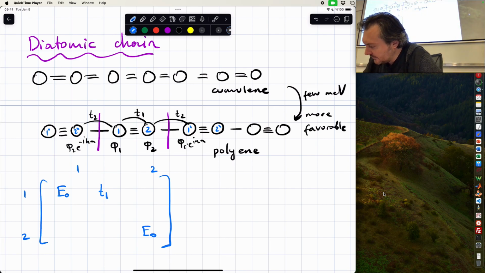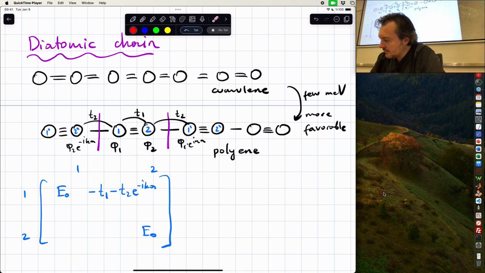Yeah, it's negative, you are right. So it should be minus T1. Sorry. And the other one is minus T2 e to the minus iKa. So this one is because of this interaction, and this one is because of this interaction.